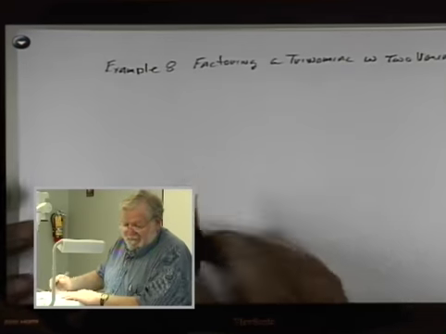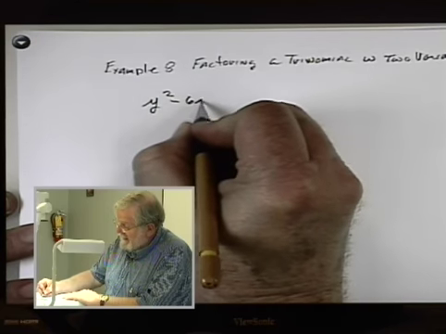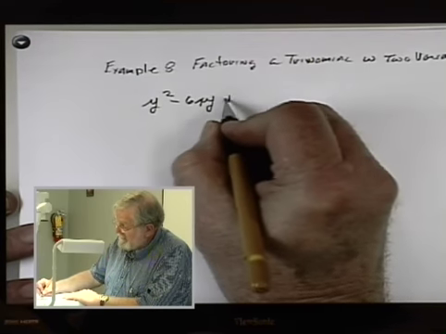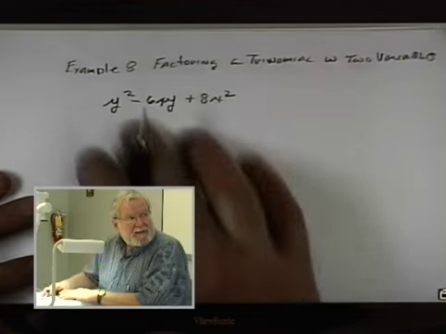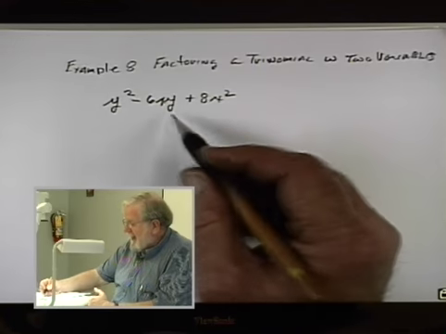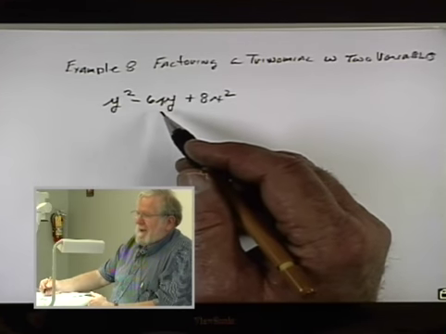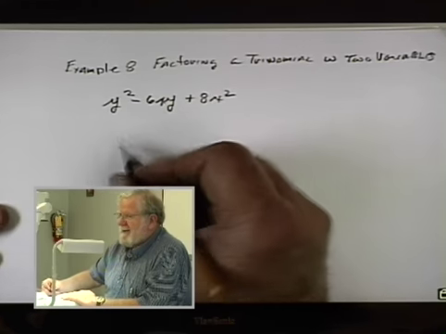All right, here's our trinomial: y squared minus 6xy plus 8x squared. It's a trinomial, and look, there are two variables. y is a variable and x is a variable. But that doesn't scare us, because we're in A.J. Silva's math class and it doesn't scare us.